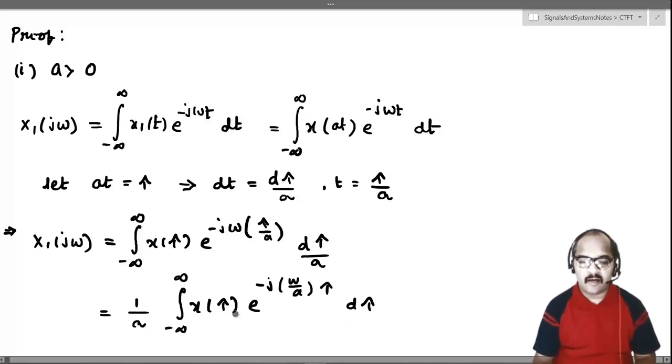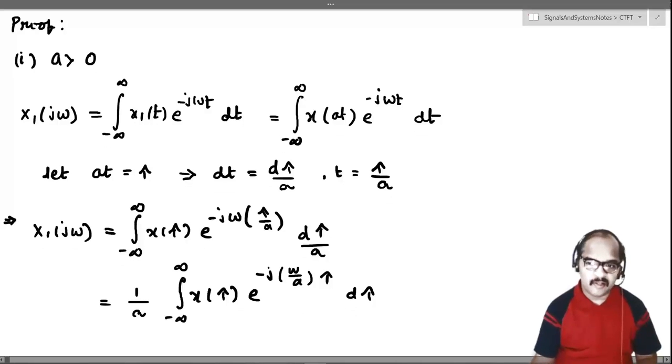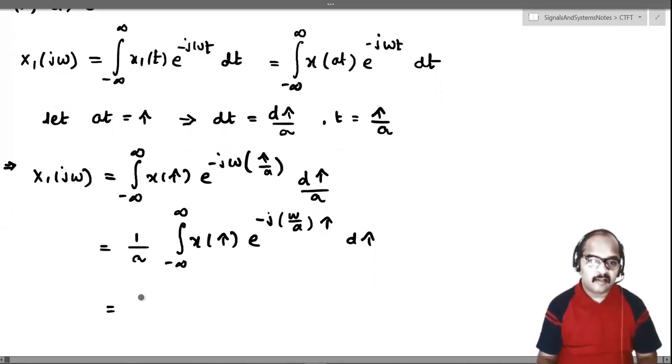Clearly, the integral is looking like the Fourier transform of x of tau, but instead of omega we have omega by a. So definitely this is nothing but 1 by a times x of j omega by a. Omega is replaced with omega by a.